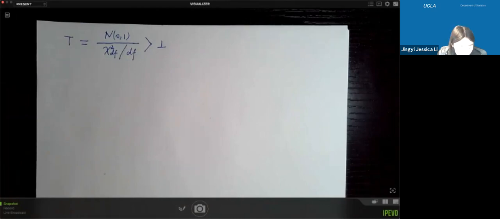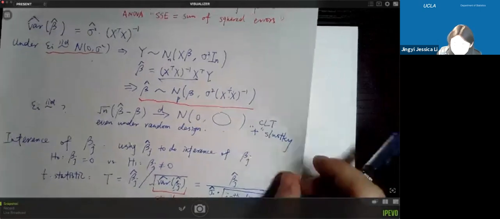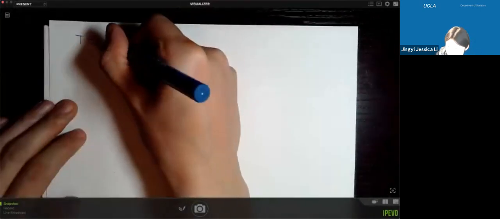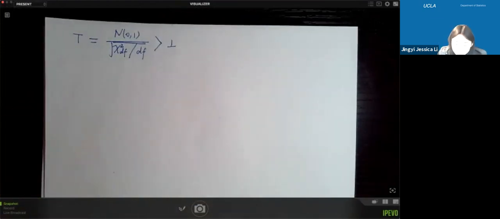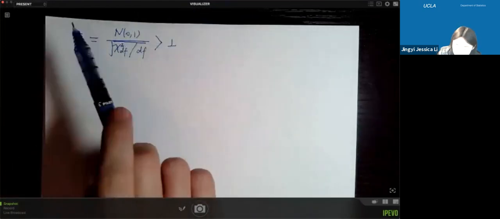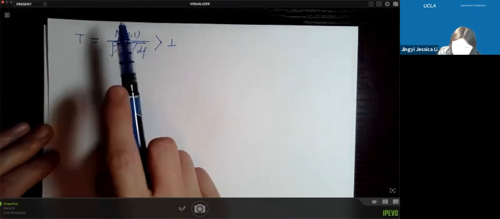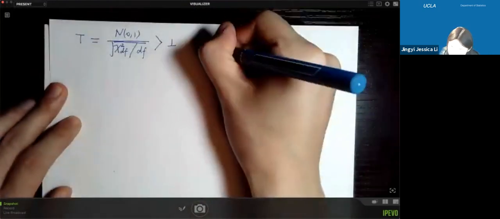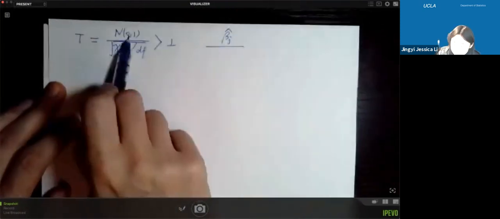And now we're going to show that our t-statistic defined in this way satisfies the three requirements. Oh, I forgot a square root. It's the square root of this. Okay, so a lot of things can be verified. We can say the numerator is a standardized normal. That's not a problem. Basically, beta hat j is the numerator, and we need to standardize it to be standard normal.